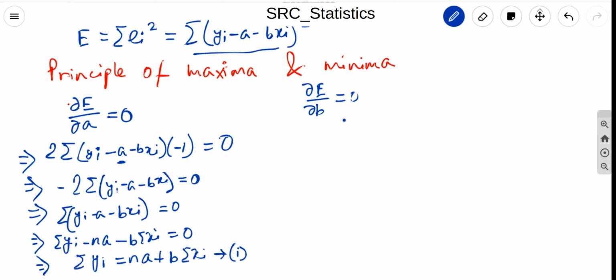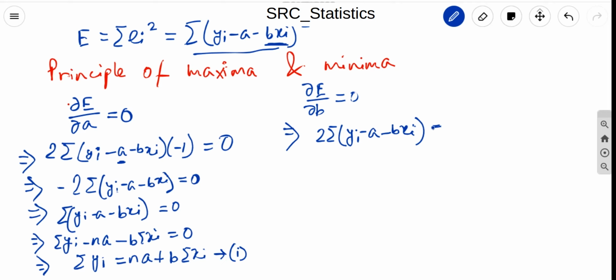Now we differentiate with respect to b. First the square term, so 2 summation (yi minus a minus bxi), and then we differentiate bxi with respect to b.